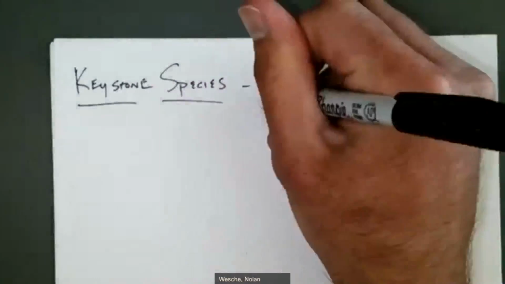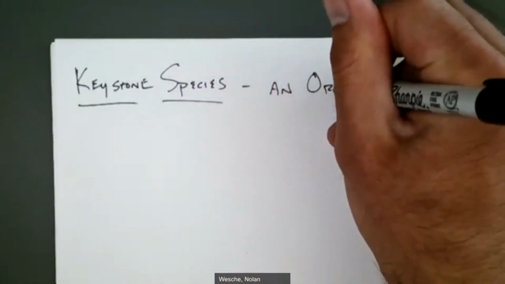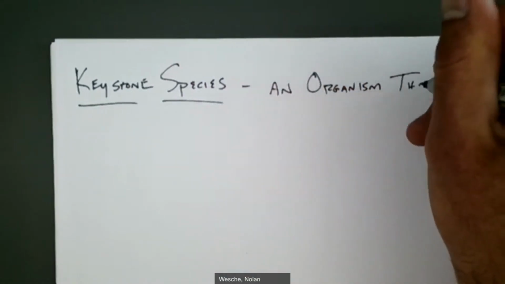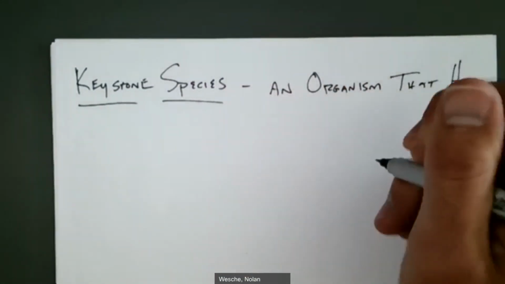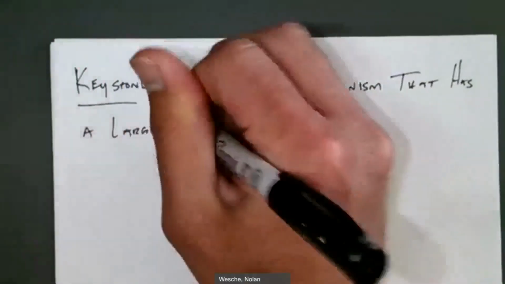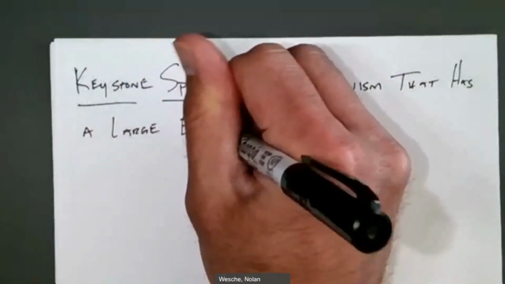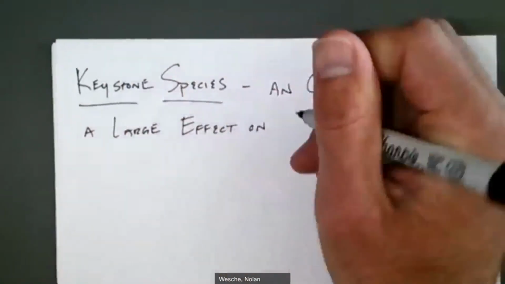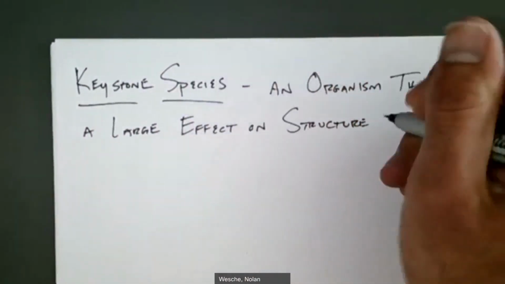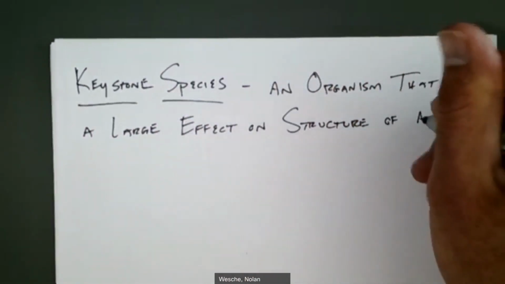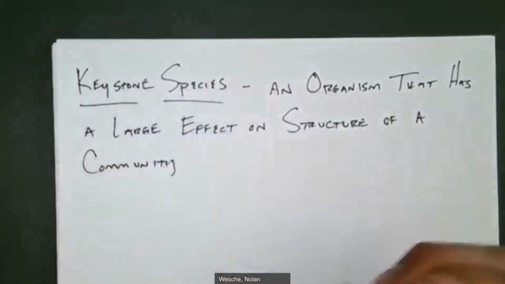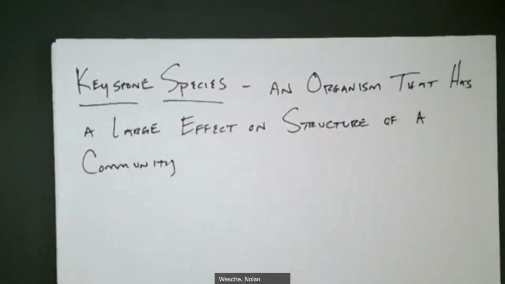And a keystone species is an organism that has a large effect on the entire structure of a community. And if they are removed, then the stability of that whole community really breaks down.